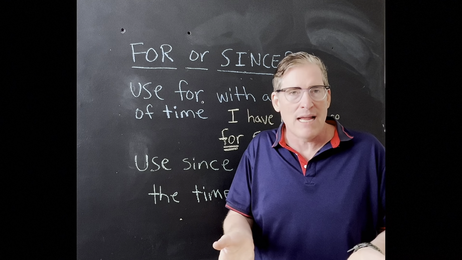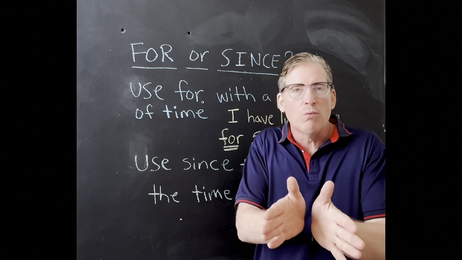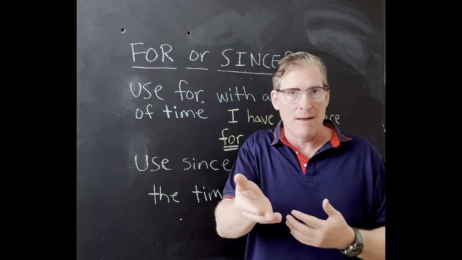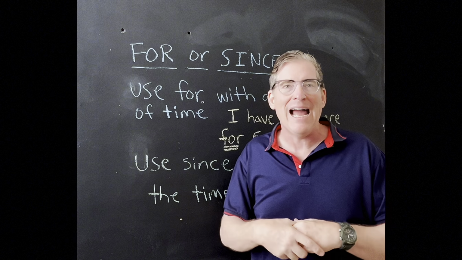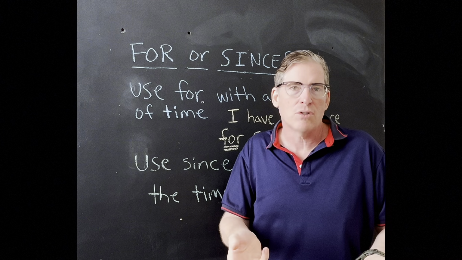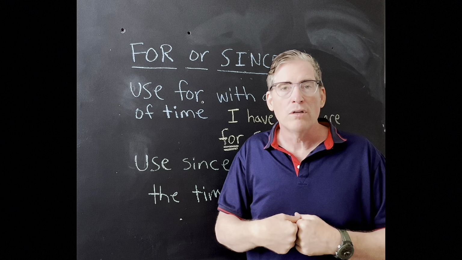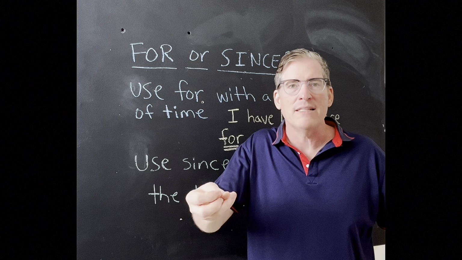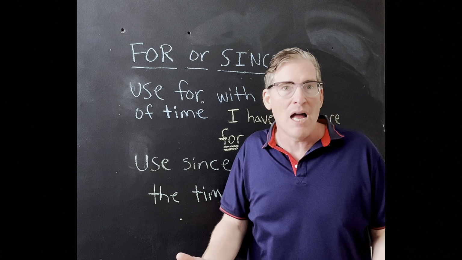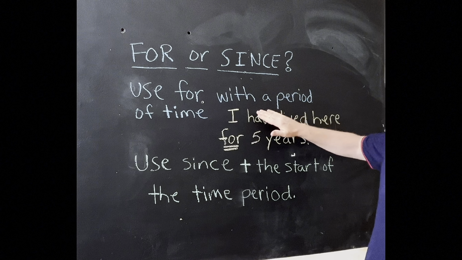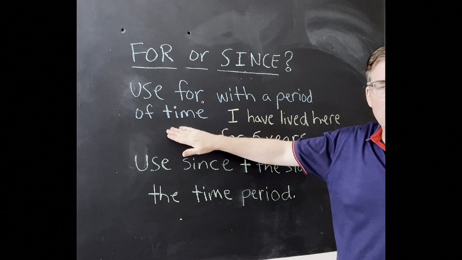But in our example, when we're talking about a time period, you might say, I have lived in Mexico for 3 years. Or you might say, I have studied Portuguese for 6 months. See, it's a period of time, okay?